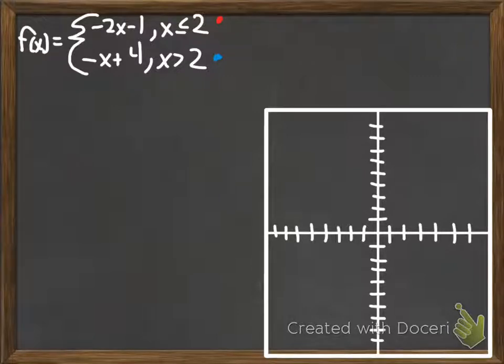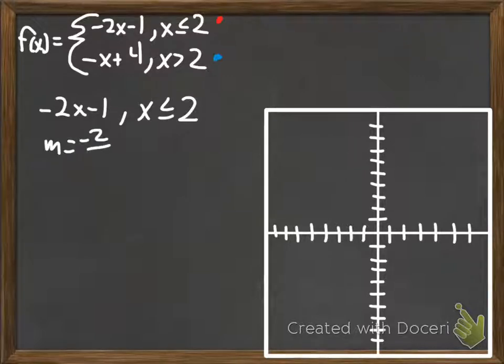So what we're going to do is graph each of these individually. We take our negative 2x minus 1 if x is less than or equal to 2. It's in slope-intercept form, so our slope is negative 2 over 1, and our y-intercept is negative 1. So we are going to graph that.